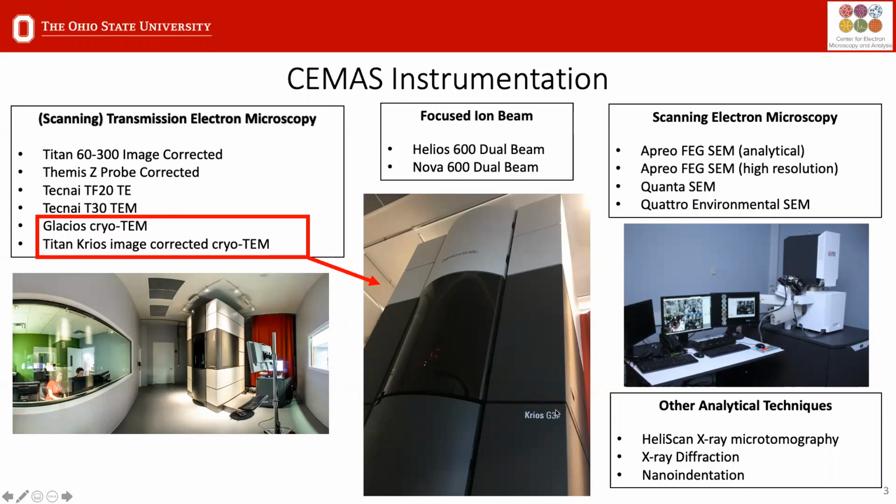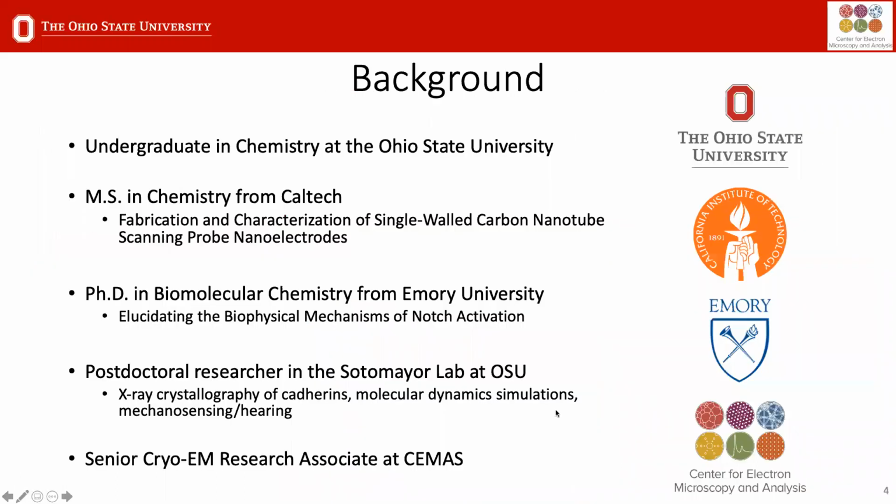We also like to give a little background information about who's giving the presentation. I'm not sure if you came to my first talk, but I grew up in Ohio and was an undergrad here at Ohio State, and I have my BS in chemistry. I moved to Pasadena and got my master's degree at Caltech, focusing mainly on nanomaterials and atomic force microscopy.